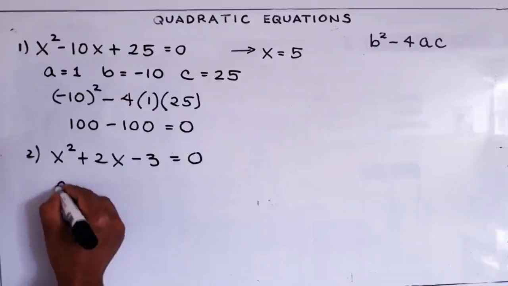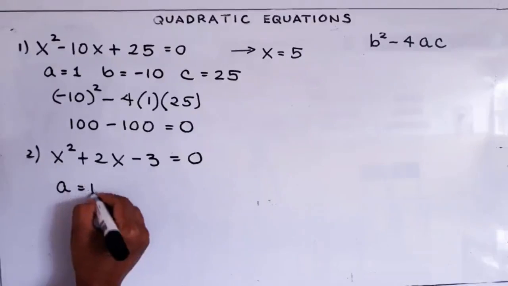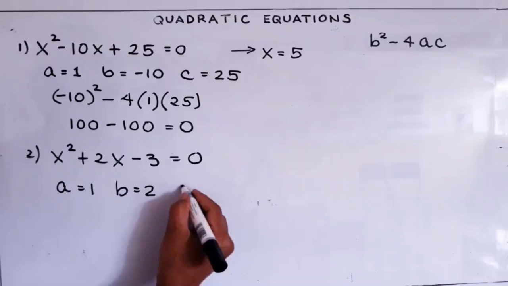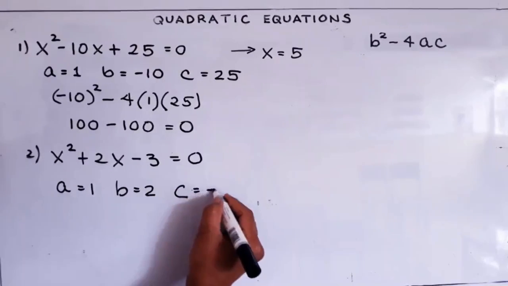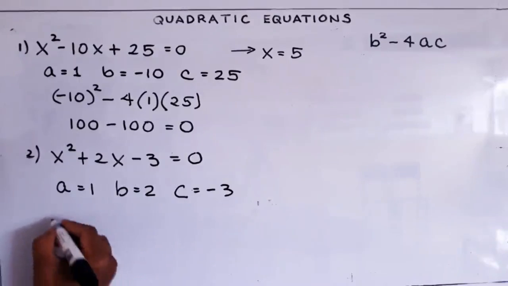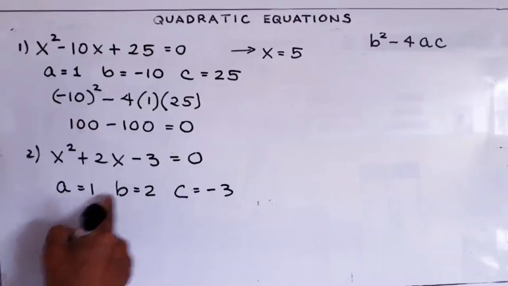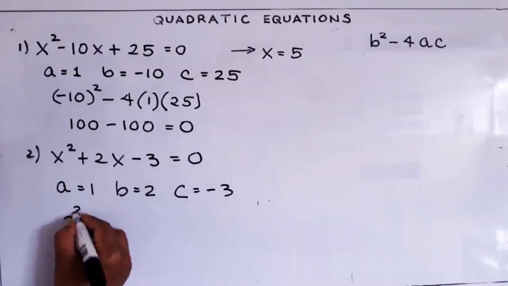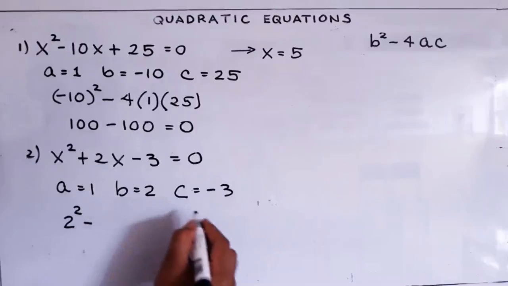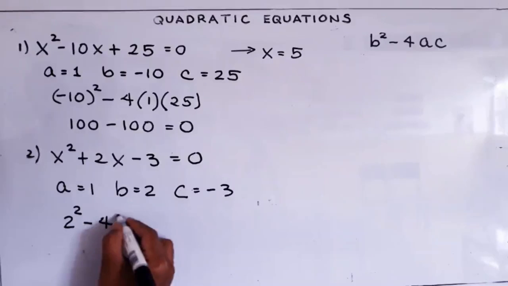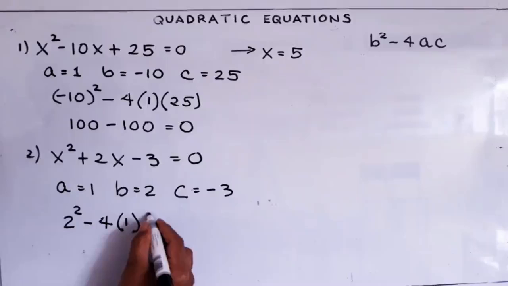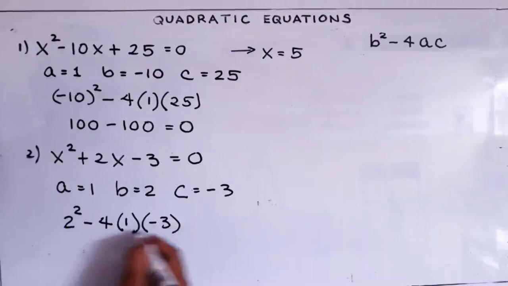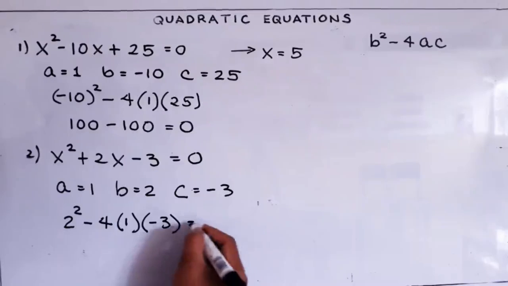So our a here is equal to 1, b is equal to 2, and c is negative 3. When we substitute this in our discriminant, b squared minus 4 times a times c, where c is negative 3, what is the result?